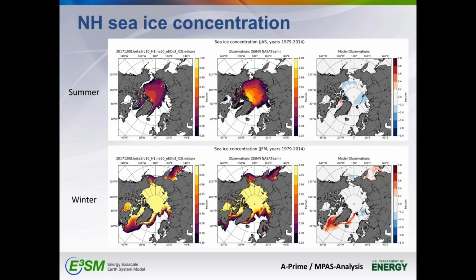Some plots of sea ice concentration, Northern Hemisphere, summer and winter. We have excessive sea ice in the winter in the Labrador Sea, not surprisingly. This is related to the cold bias we saw, and a little bit too little sea ice in the summer, as seen by the blue areas here.